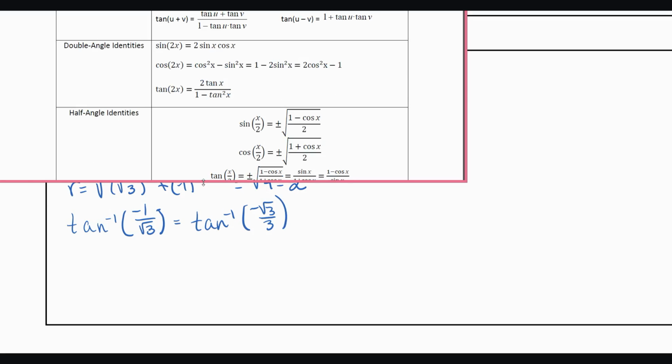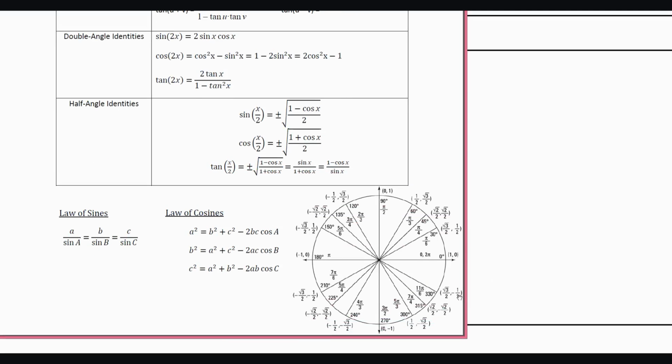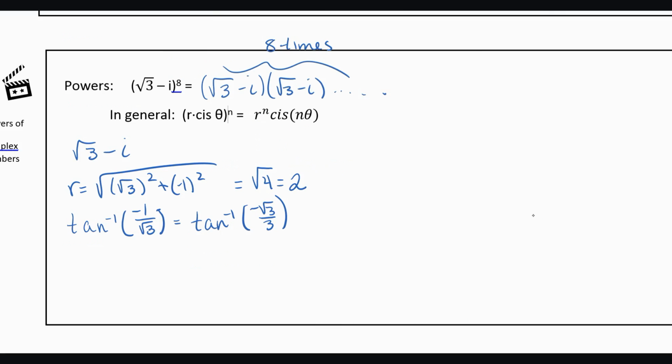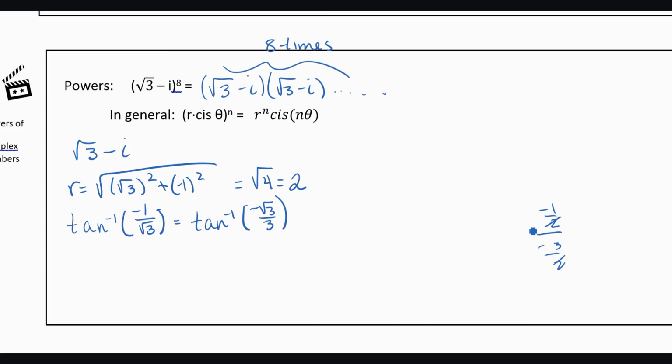So we're going to look at our unit circle here and say, okay, in the fourth quadrant, if you took the y over the x, where would you have a 1 and then the square root of 3? Notice at 330 degrees, if we took negative 1/2 over positive square root of 3 over 2, the 2's would cancel out, and we'd have negative 1 over square root of 3, which is what we're looking at.